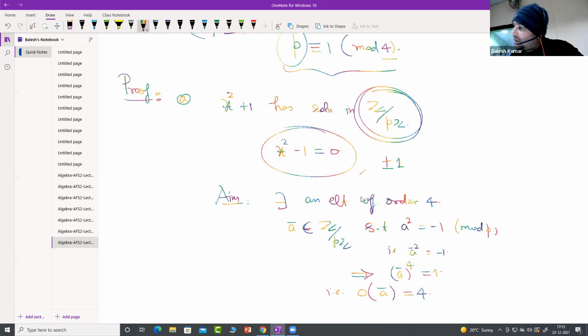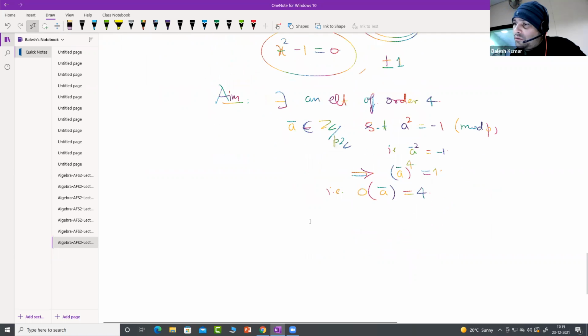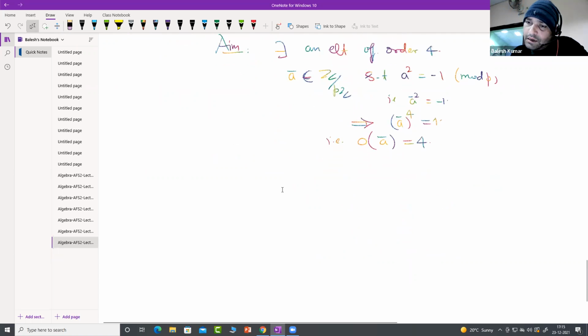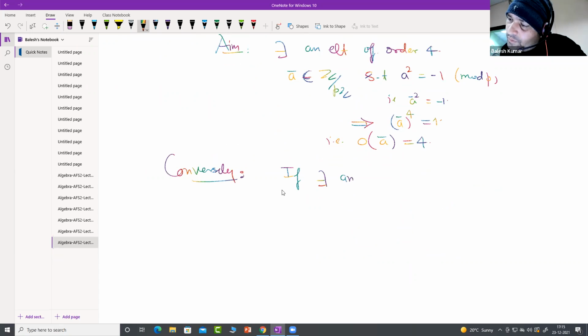And conversely, what does it say? If you have an element of order 4 inside Z mod pZ, then we have a solution for this polynomial inside Z mod pZ. So conversely, suppose there exists an element a bar in Z mod pZ such that the order of a bar is equal to 4.